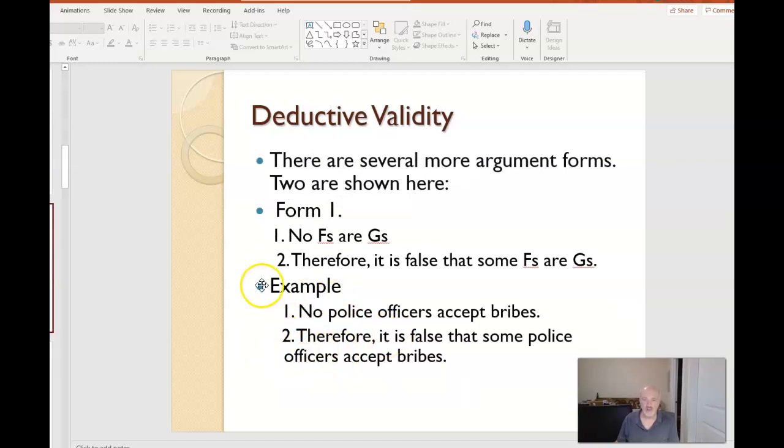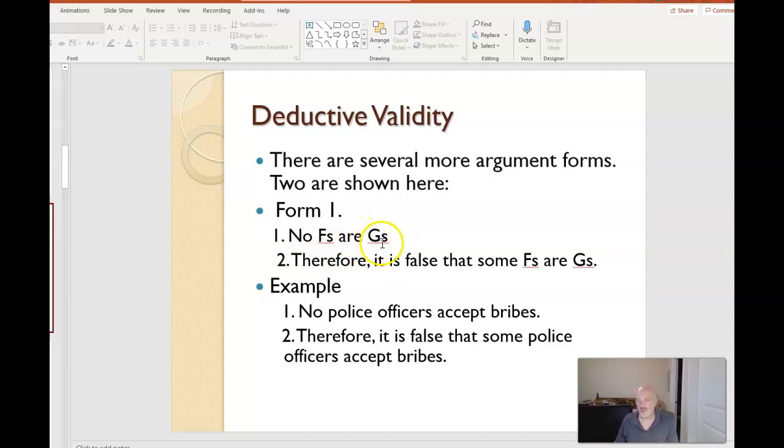So a couple more forms that are a little less relevant or common. One is taking, again, you can have just one premise.